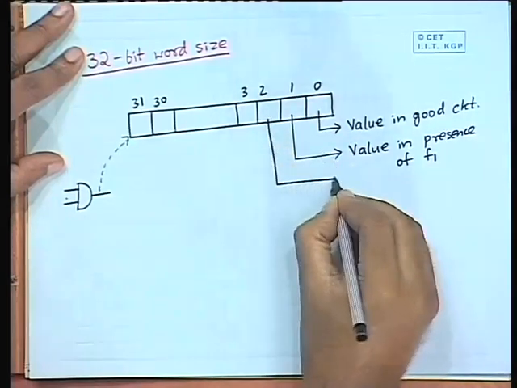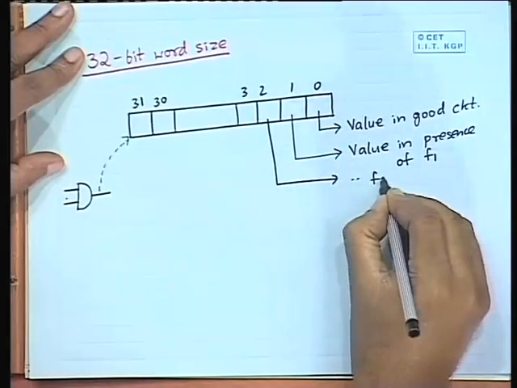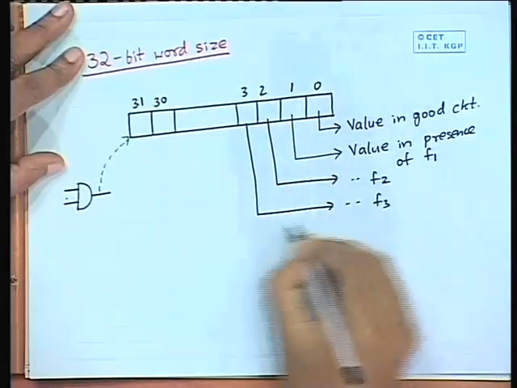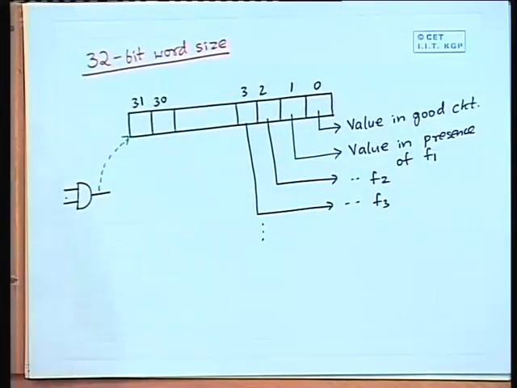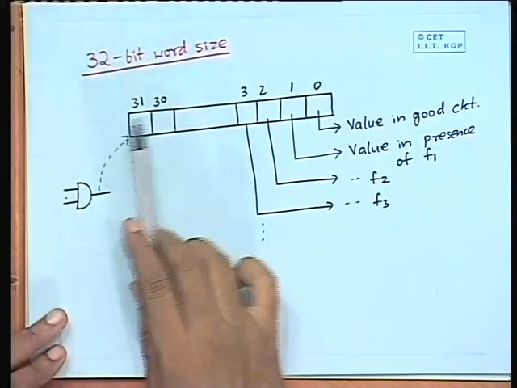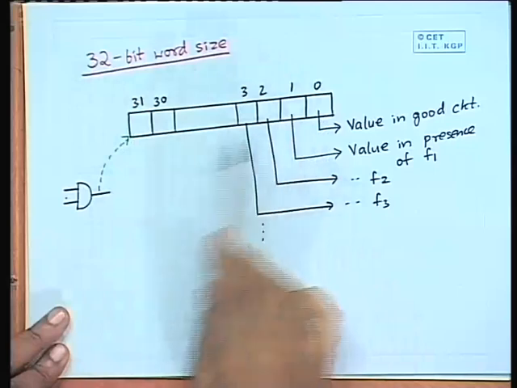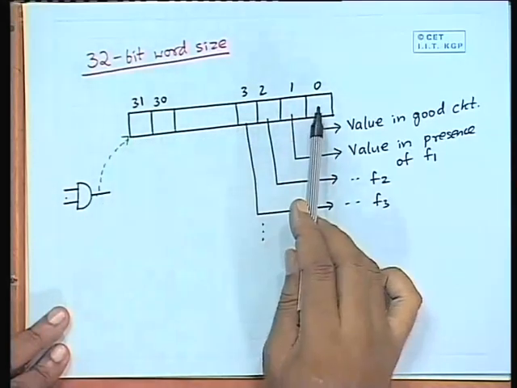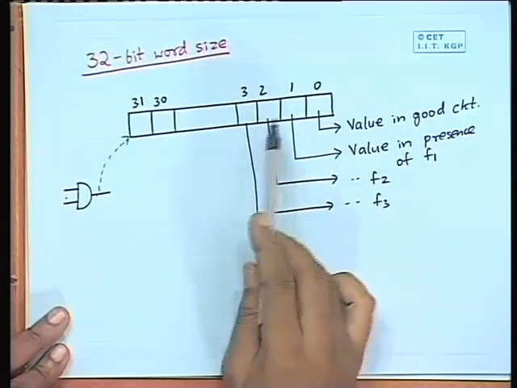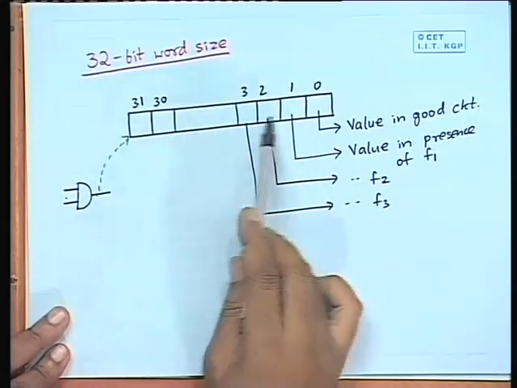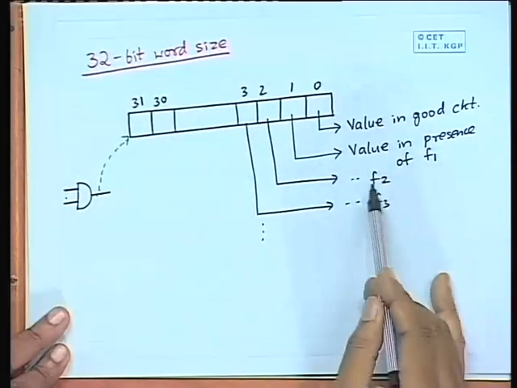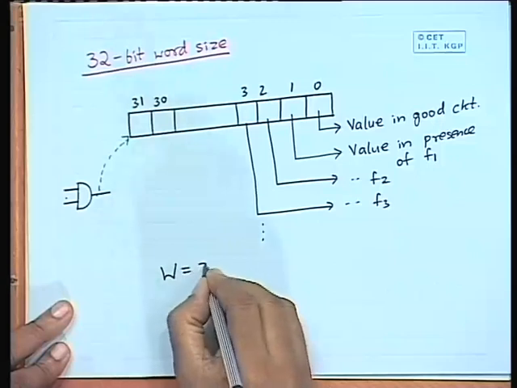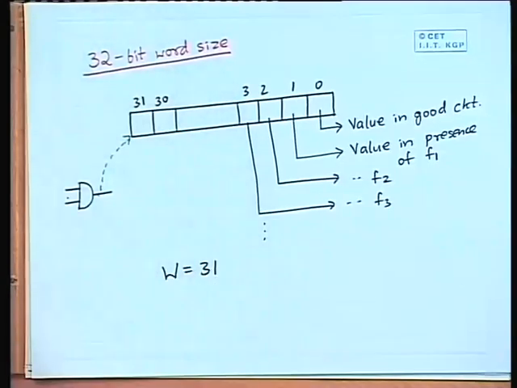Bit number 2, value in presence of fault F2, value in presence of F3 and so on. So, what I say is that I am storing 32 bits or 32 values for the gate output at the same time, one of them will represent the good value and the other 31 will represent values in presence of 31 different faults, which means I am simulating 31 different faults at the same time.